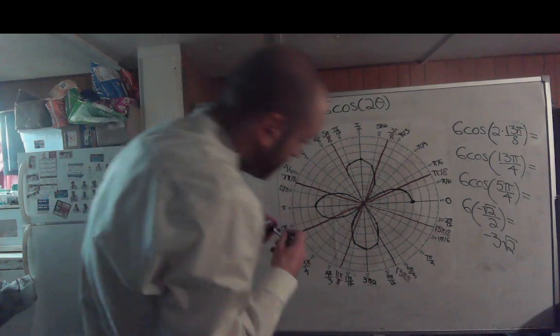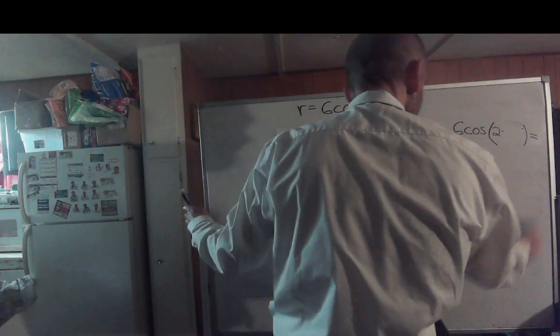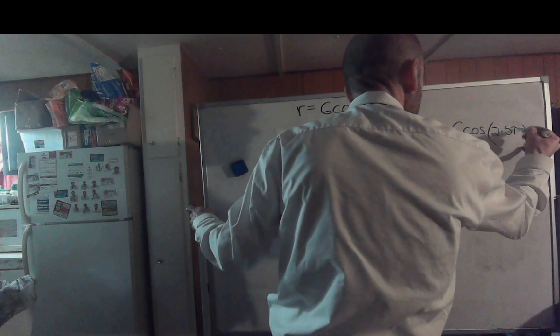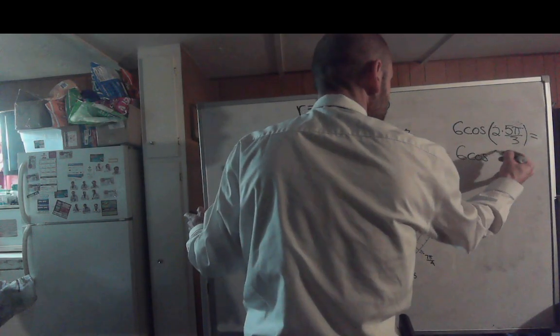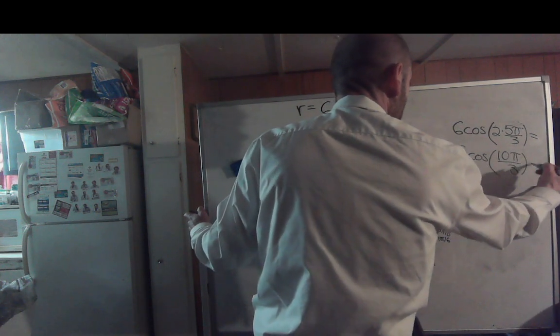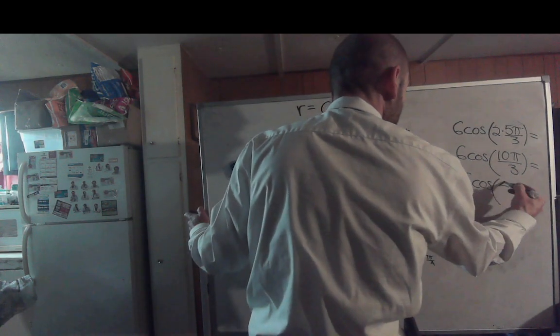And then we need to do 5 pi over 3. So 2 times 5 pi over 3. Well, that would give me 6 times the cosine of 10 pi over 3, which 10 pi over 3 is the exact same thing as 4 pi over 3.